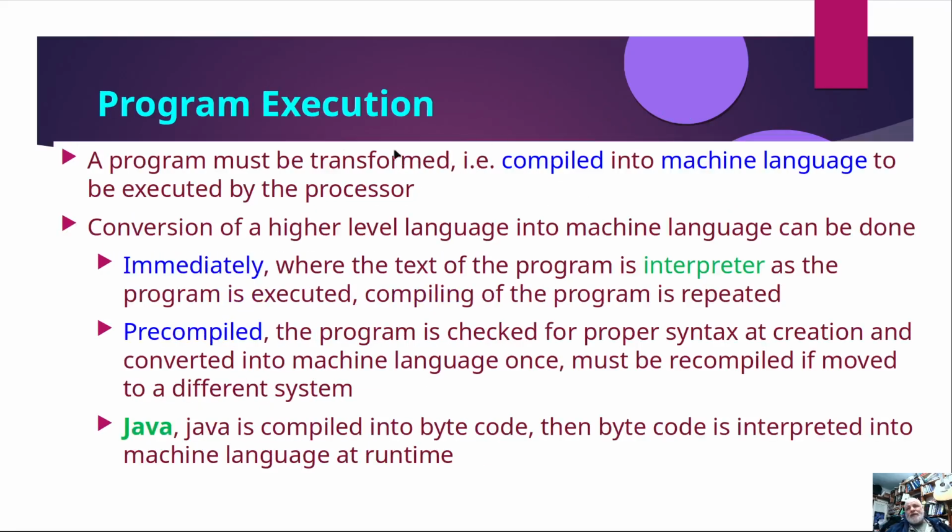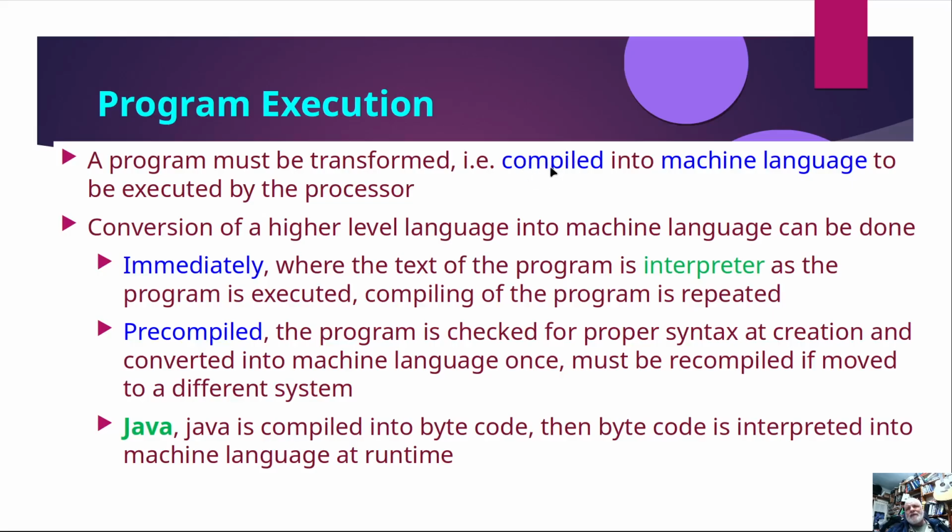All right, so when we create a program, again, it really has to be that machine language for the processor to execute it. So the question becomes, when do you convert it into machine language? Because it's got to be those ones and zeros for it to actually run. You can do that either immediately as it executes, reading each line of code, or you can compile the code.